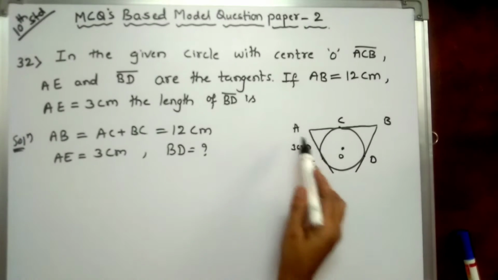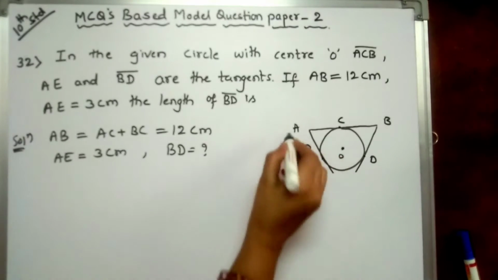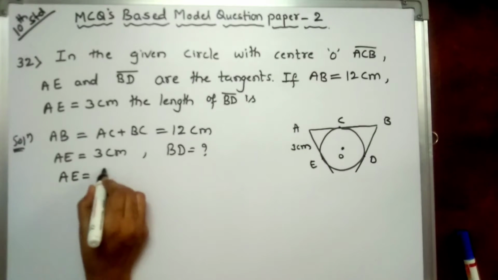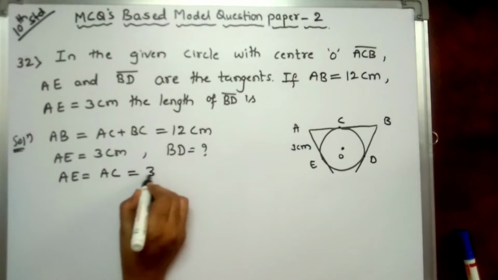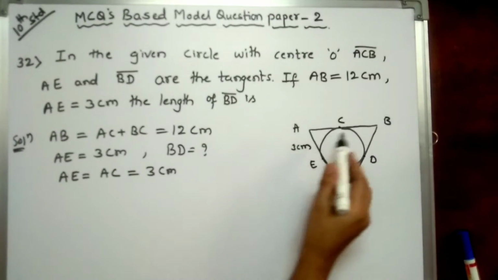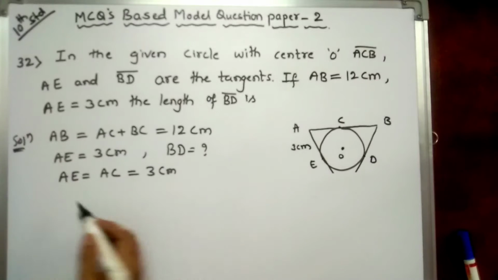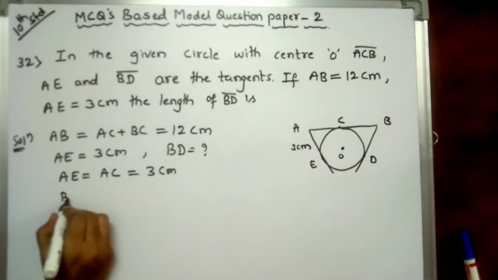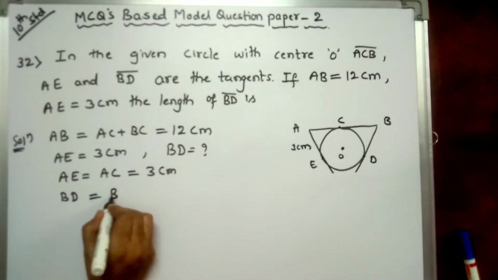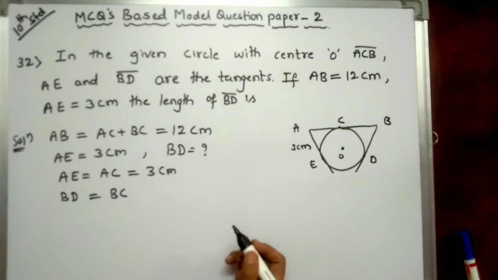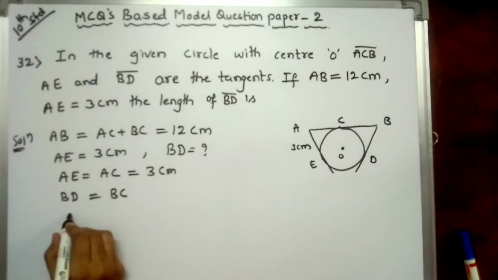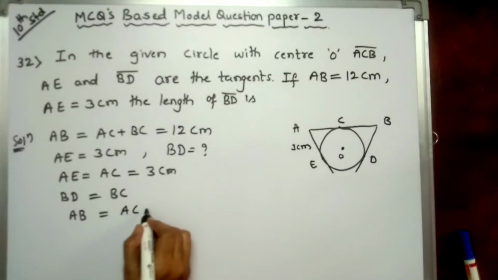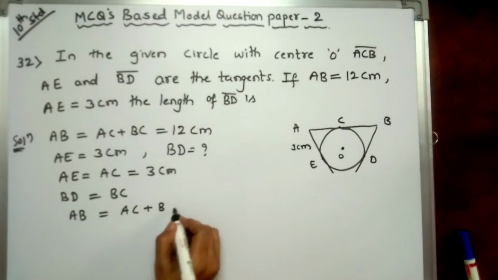Here AE and AC are the two tangents drawn from the point A to this circle. It means AE is equal to AC, that is also equal to 3 centimeter because tangents are equal. We want BD. BD is also equal to BC, tangents are equal. So AB is equal to AC plus BC.